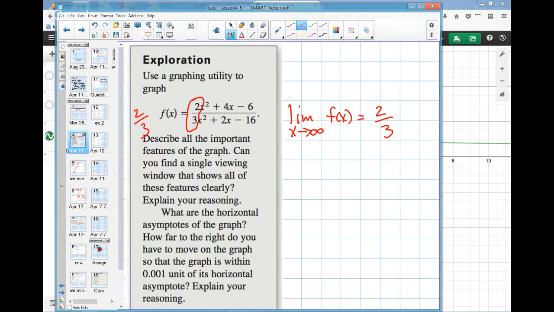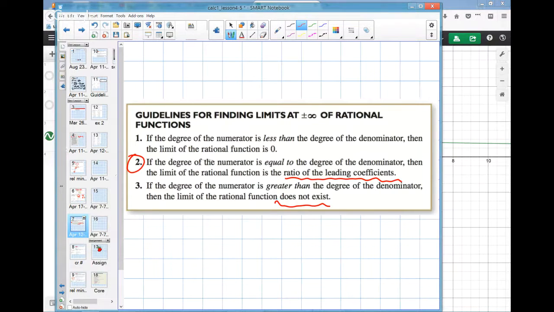So let me go over it again. Number 1, if the degree of the numerator is smaller than the degree of the denominator, then the limit is going to go to 0, as you're taking limits to positive or negative infinity. Number 2, if the degree of the numerator is equal to that of the denominator, then the limit as x approaches infinity will go to the ratio of the leading coefficients.